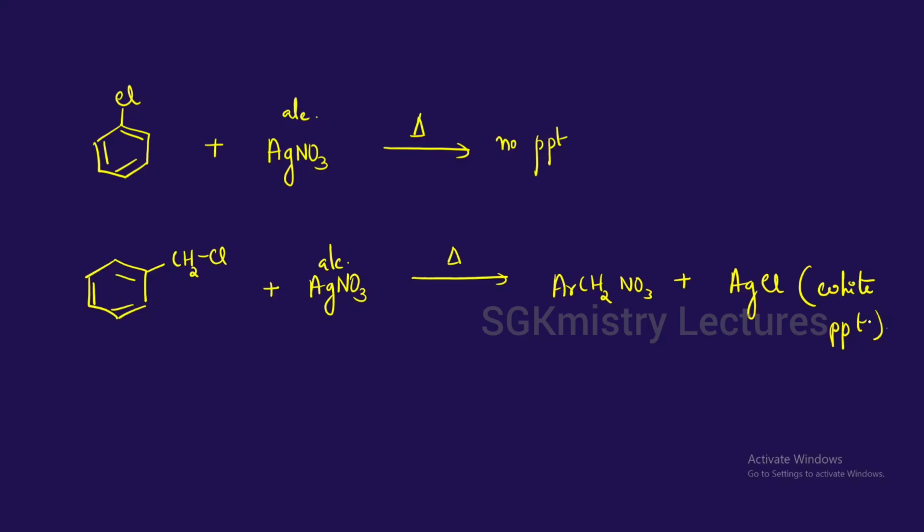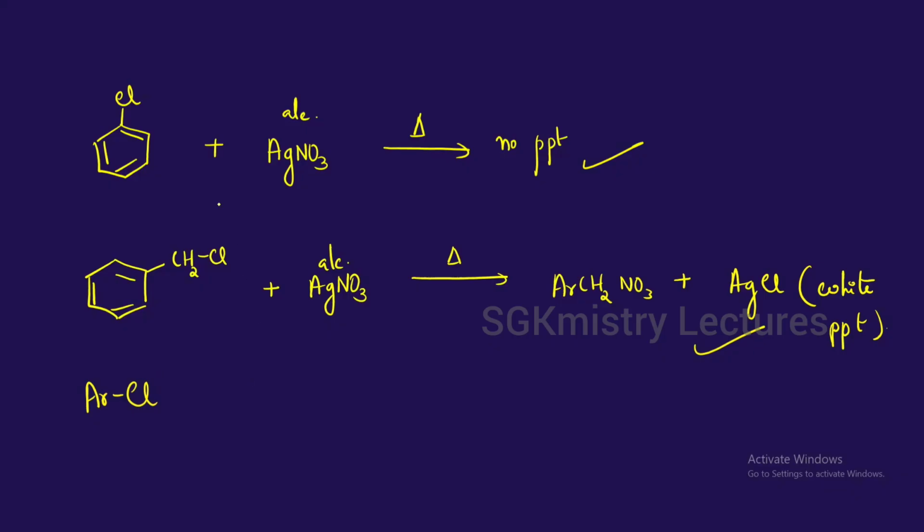Now, what is the reason why in this case the precipitate is not formed and why here there is a precipitate formed? In both cases, there is chlorine, but still why is there no precipitate in the first case? It is very clear that in the first case, the Ar-Cl bond cannot be broken so easily.